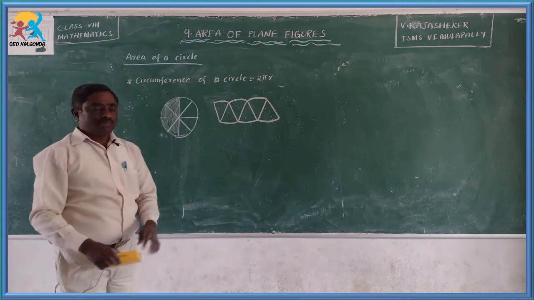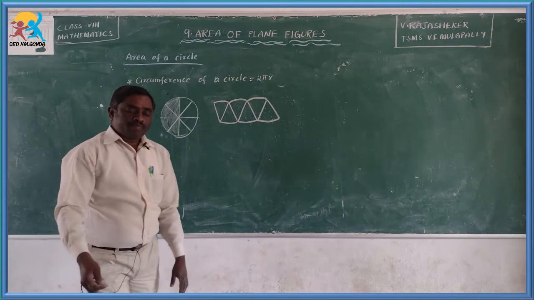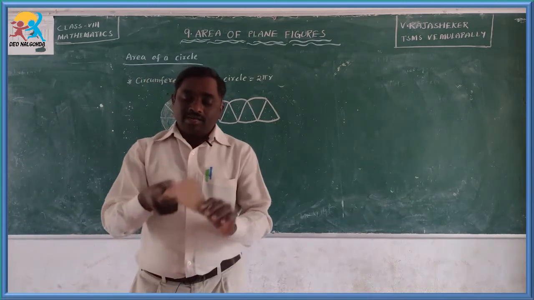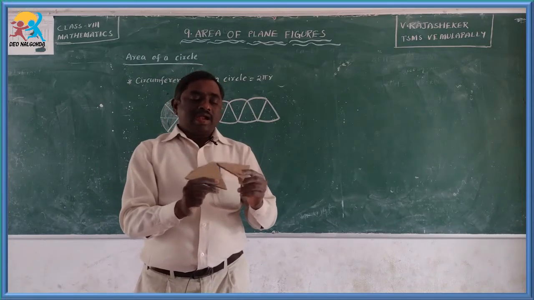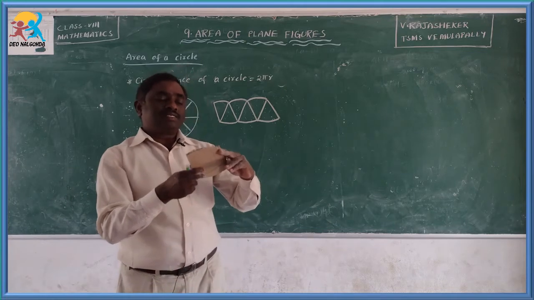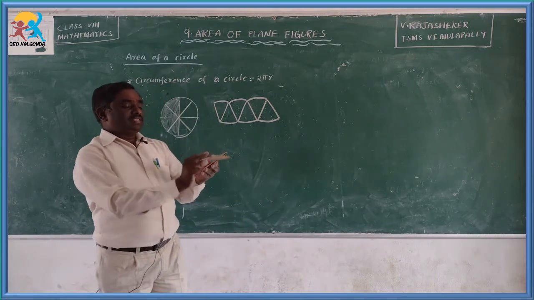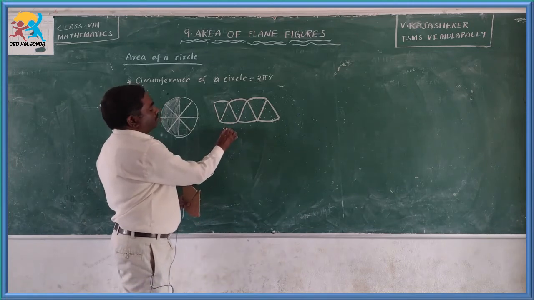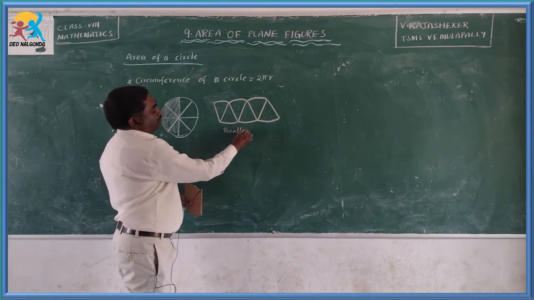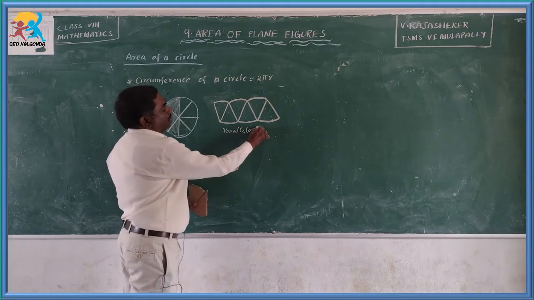So by cutting a circle into such kind of pieces and arranging these pieces like this, we get a parallelogram.